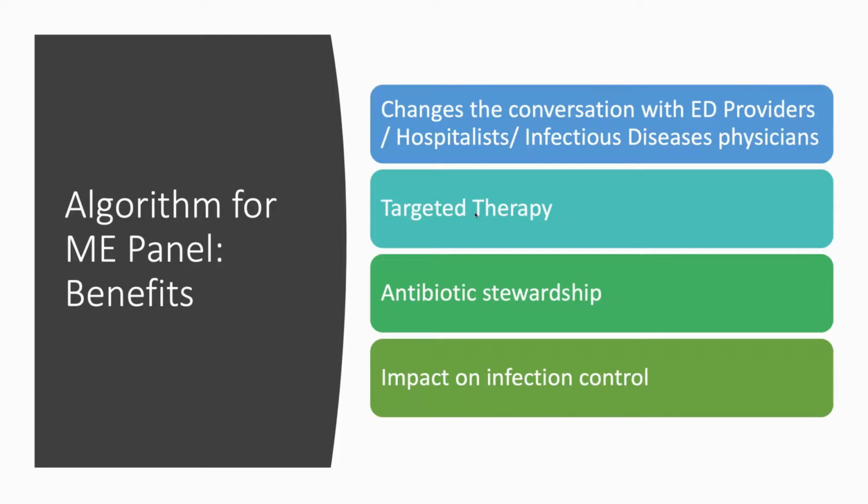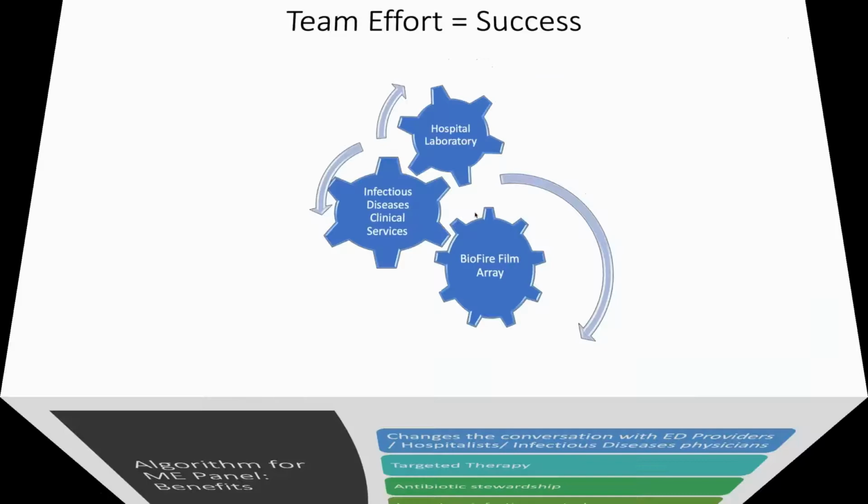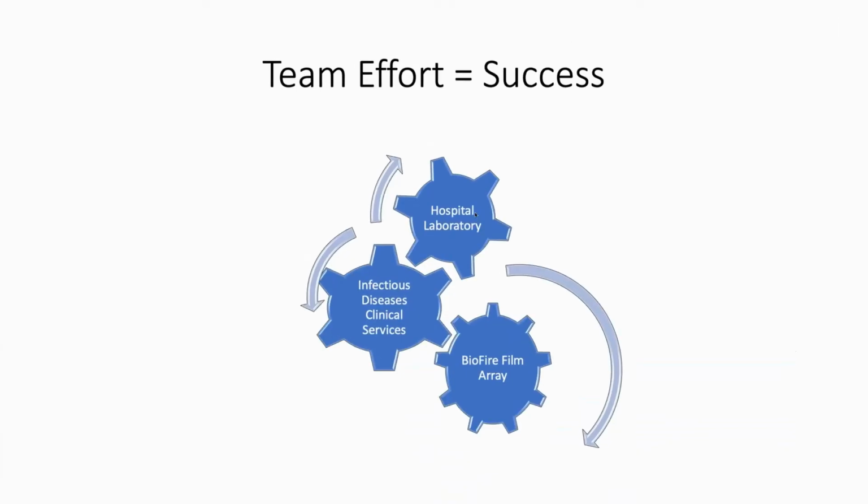Or we know it's a virus, they don't need to be exposed to antibacterials. That is completely within the ethos of our antimicrobial stewardship program. It also has an impact on infection prevention, right? Those pathogens that we know we need to isolate patients on right away, we're able to make that decision right away rather than isolating every single patient that we have with meningitis, right?